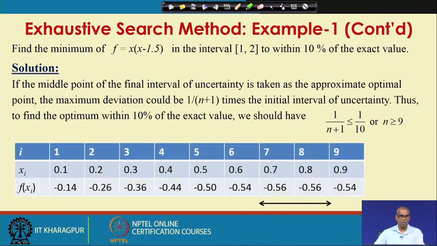So, I have taken 9 points as x equal to 0.1, 0.2, 0.3 up to 0.9, and we evaluate the function values, and you can see that the minimum is indeed obtained between x equal to 0.7 and x equal to 0.8.